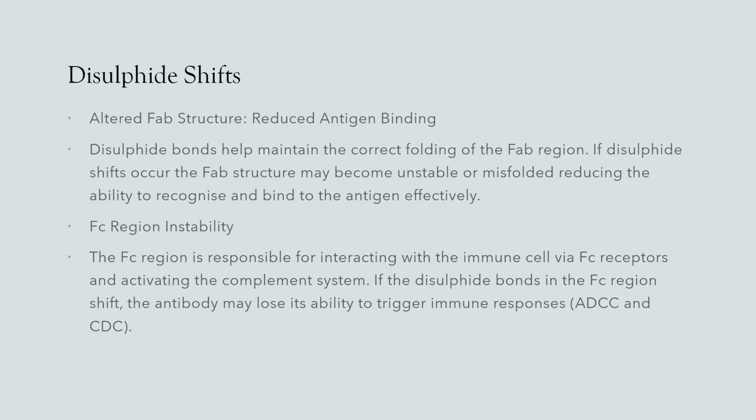So your variable region, your Fab bonds, your antigen binding bonds, your disulfide bonds are critical for your antigen binding stability, and the constant region, that's the FC bonds, the disulfide bonds are essential for the antibody structure itself, the effector function, and that's the ADCC or CDC, the complement dependent cytotoxicity, and the half-life.